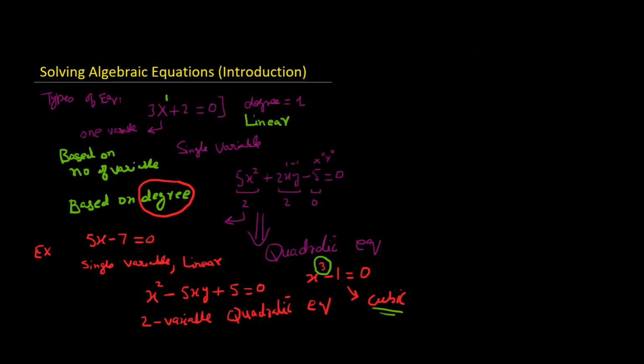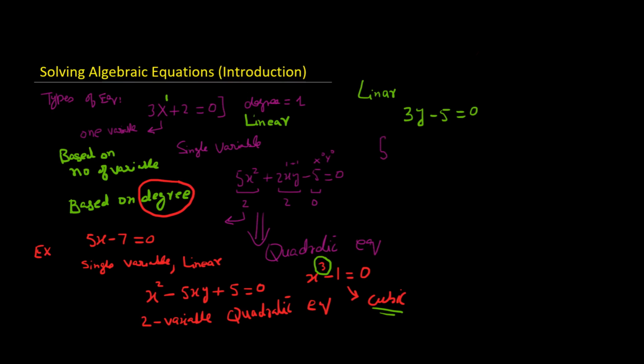So you know now what linear equations are, in which the maximum exponent is 1. So there is only 3x or 3y. So 3y minus 5 equals 0 is also a linear equation in y.